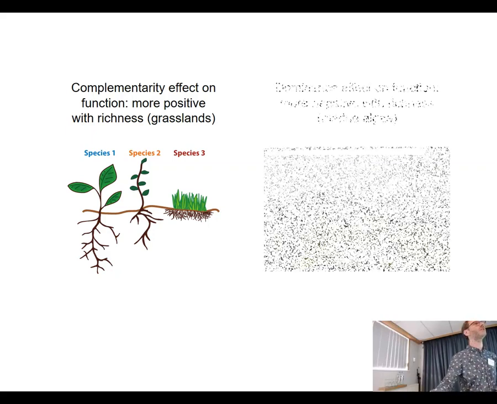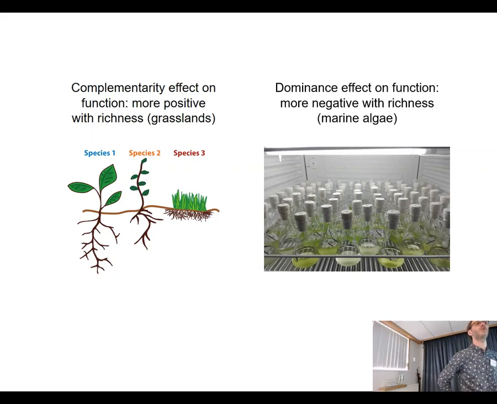If you compare this to our simple plankton systems, which are well shaken and probably represent the very local conditions in some parts of the ocean, there the spatial heterogeneity is almost absent. And in that case, what you get is a so-called negative dominance effect. This means that you have one or a few species that are very good at capturing the resources, and as such outcompete the others.